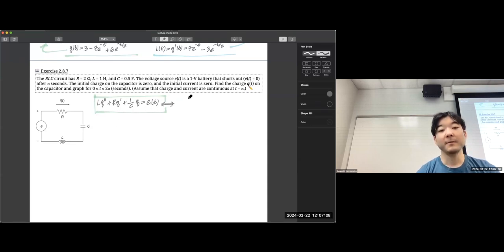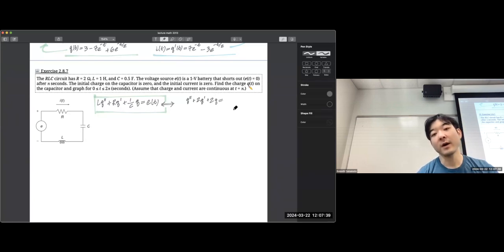Here, I'm going to build 2 equations: one for before it shorts out and one for after it shorts out. L is 1, so it's going to be Q double prime. And then R is 2, so it's going to be 2Q prime. And then C is 0.5, but 1 over C is 1 over 0.5, which is 2.